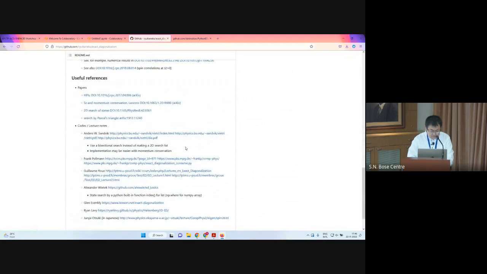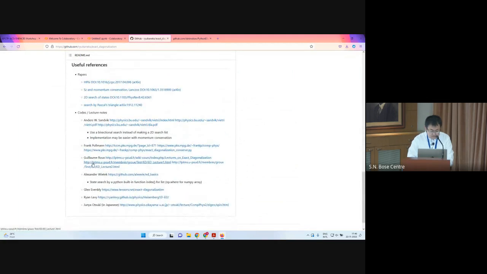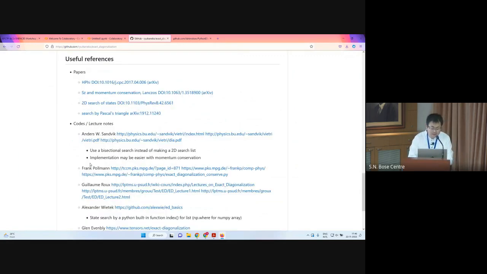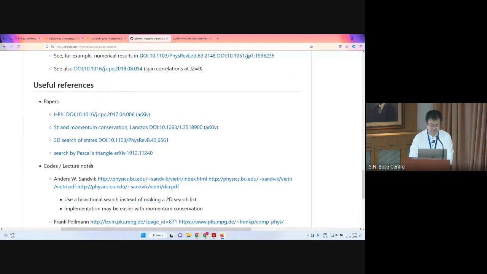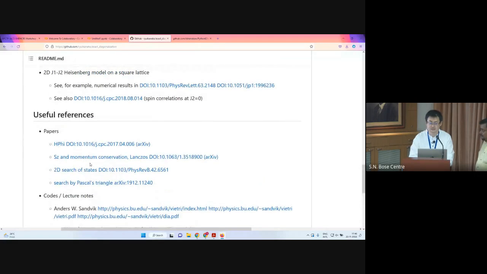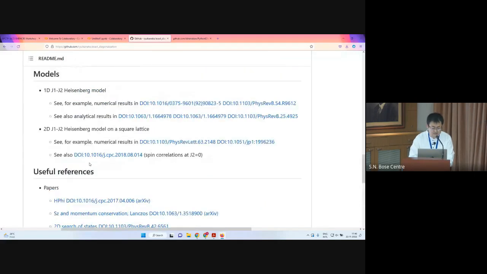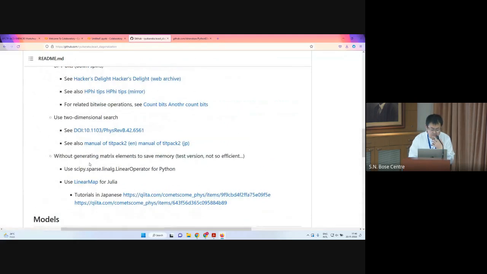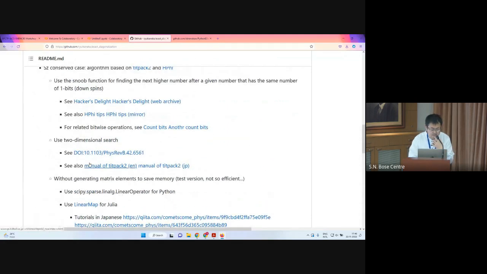Let me look for the snoop. Where is it? You magnify the things a little bit because it's probably hard to see, right? Control plus. Can you see now? Yes, it's better. I think there must be the website.